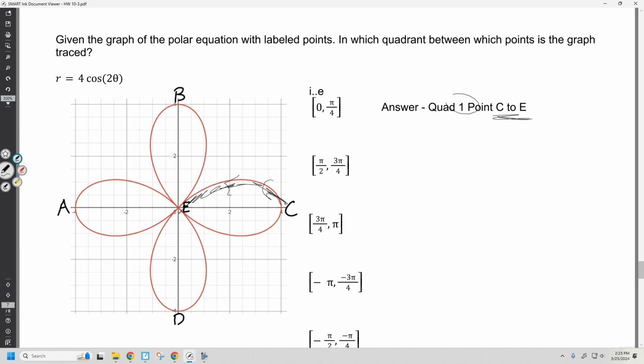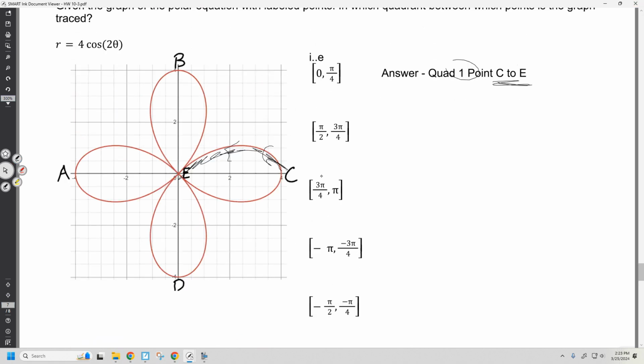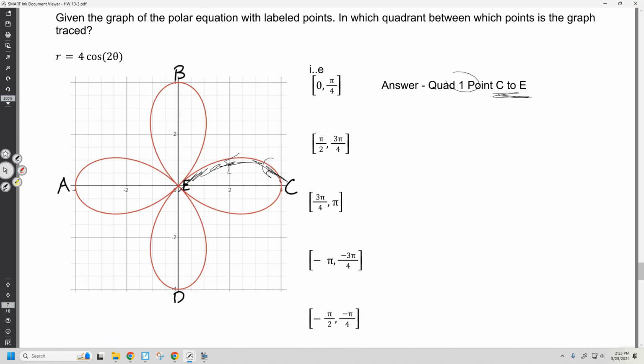Now, here's a hint. What's going to help you is the rectangular form. Adjusting your period, splitting that in half, realizing pi over 4 being the important point.